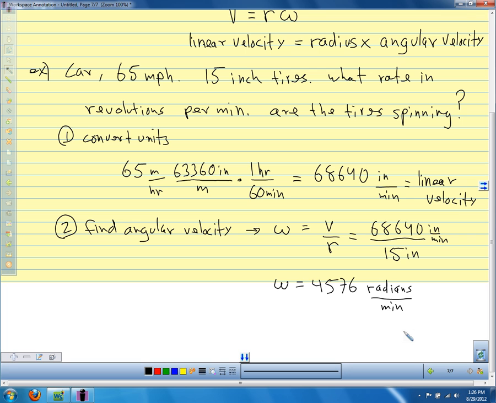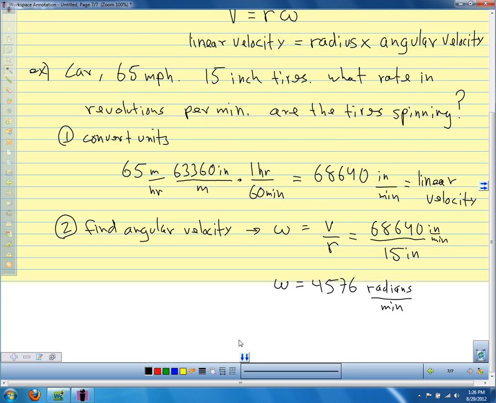Is that what the problem asked us to figure out? No, it asked us to figure out revolutions per minute. So we need to do one more conversion. How do we go from radians per minute to revolutions per minute? How many radians per revolution? 2 pi.